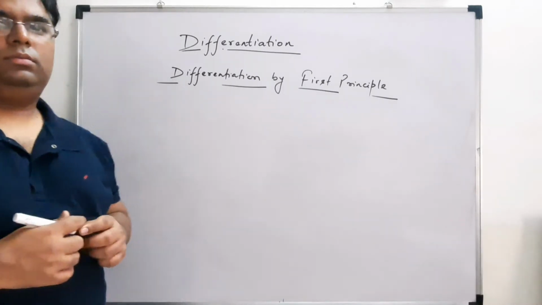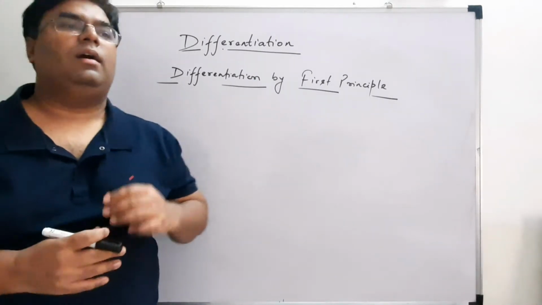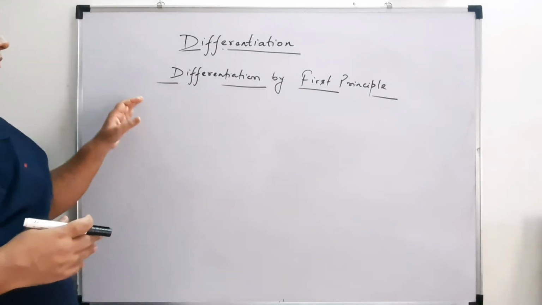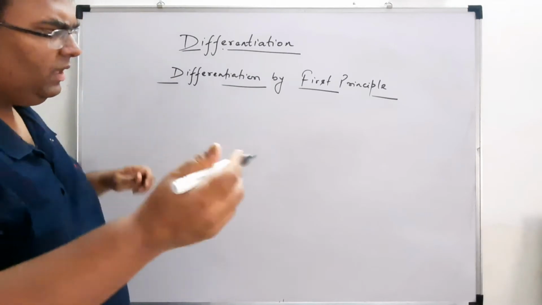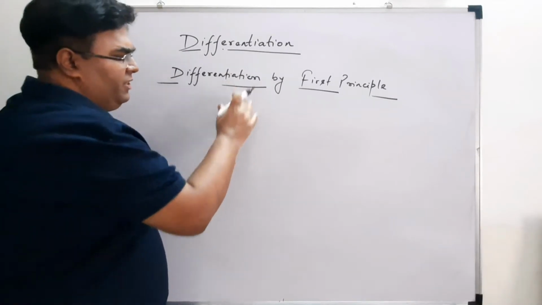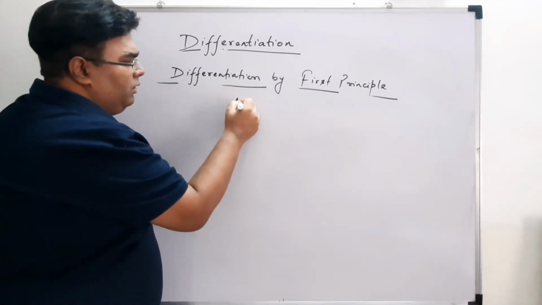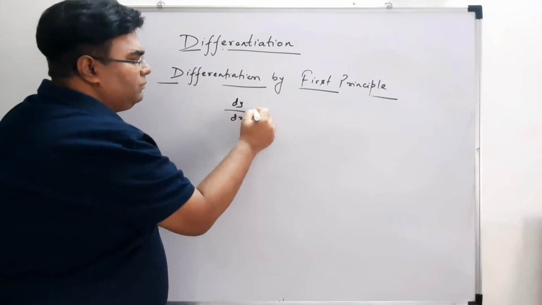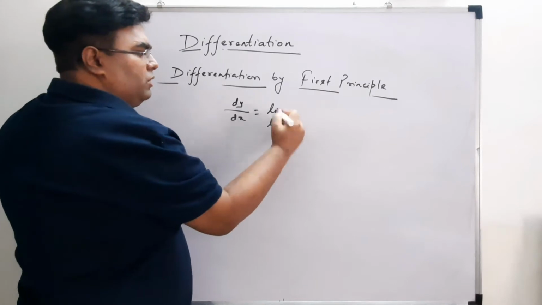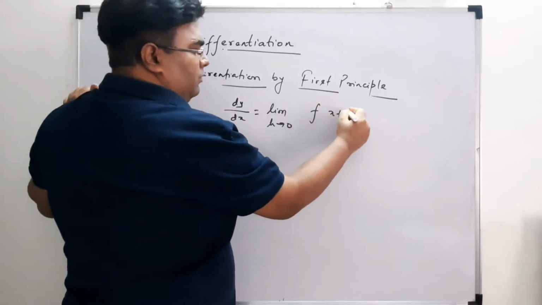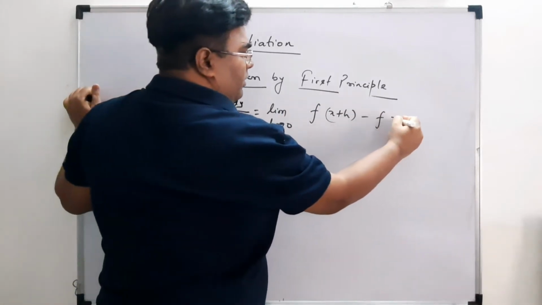Our first topic in differentiation after the introduction is differentiation by first principle. We have already defined differentiation: dy by dx is equal to limit h tends to 0, similar to our right hand derivative.